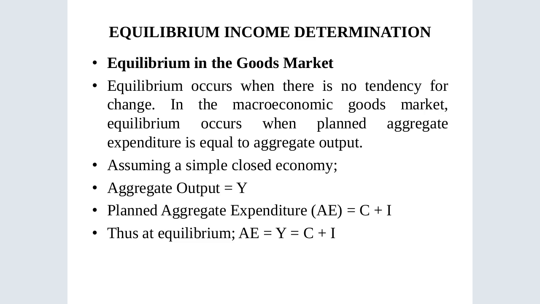Now, in this case, we can assume a simple closed economy. That is an economy that does not have the external sector. So we can use Y to represent the output.